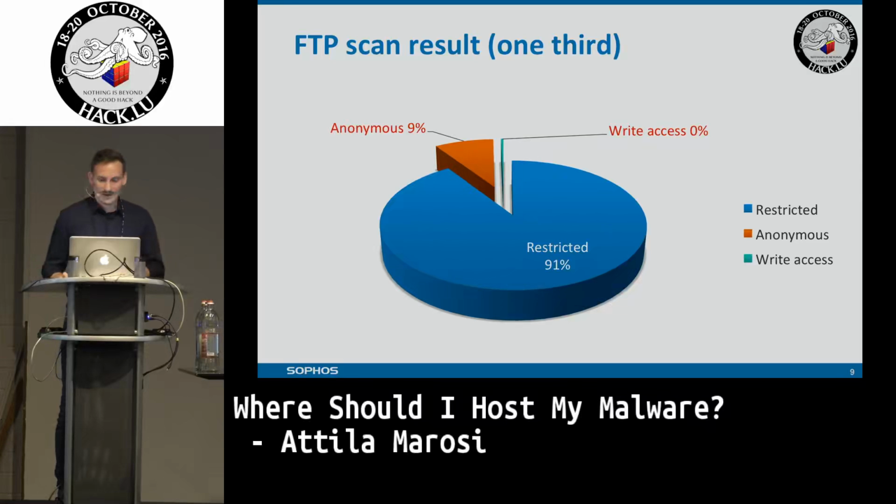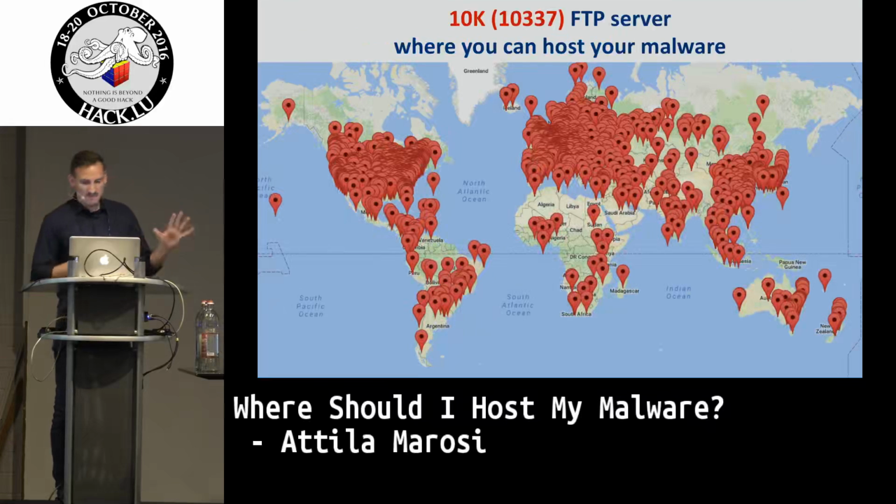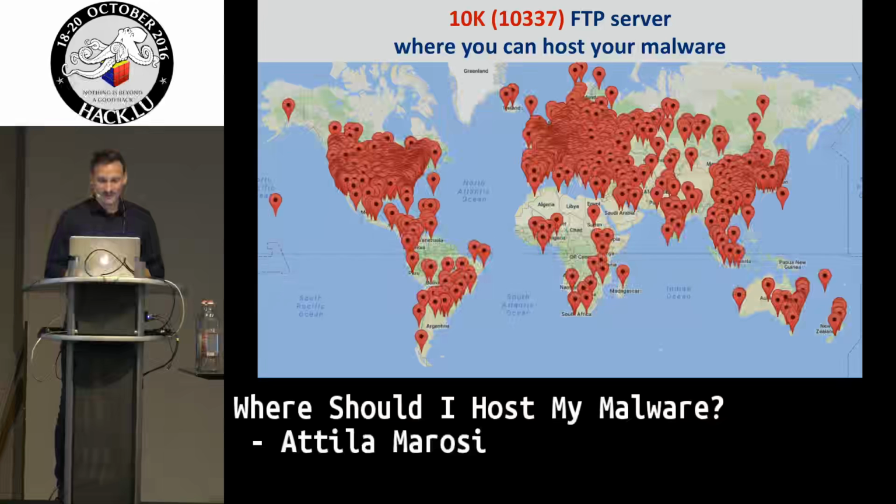How this 0 looks like on a map, that's not bad. So the zero was 10K. There were in this dataset 10K IP addresses and devices where you have write access. So you have the ability to copy anything there, or overwrite things which are already there, change the content of it, or just put something there and host it.